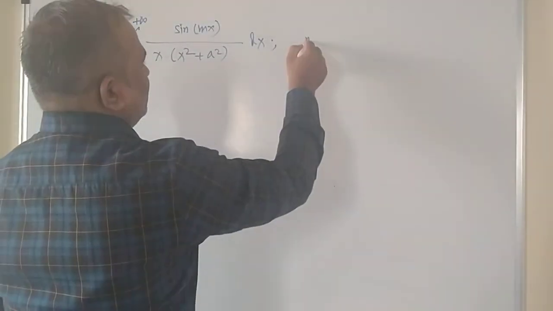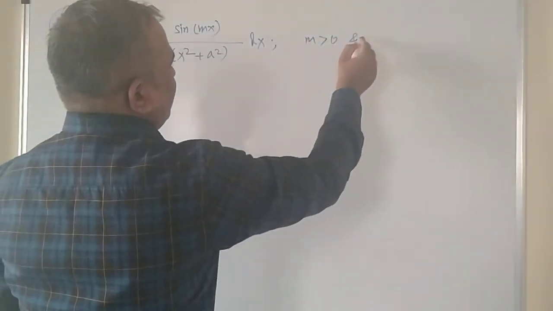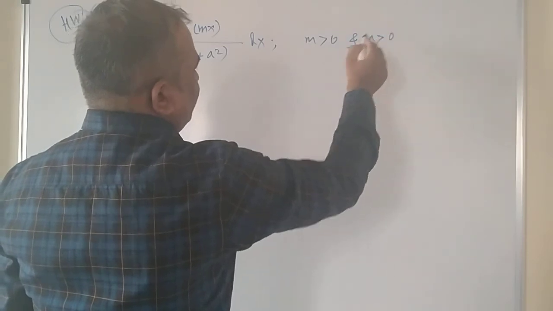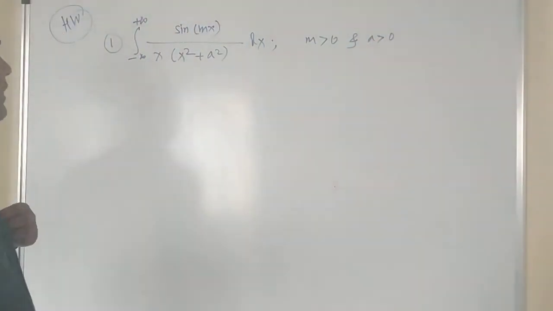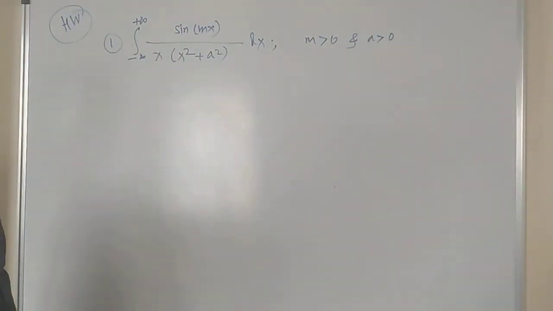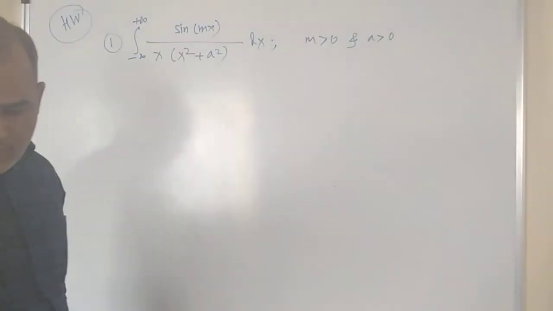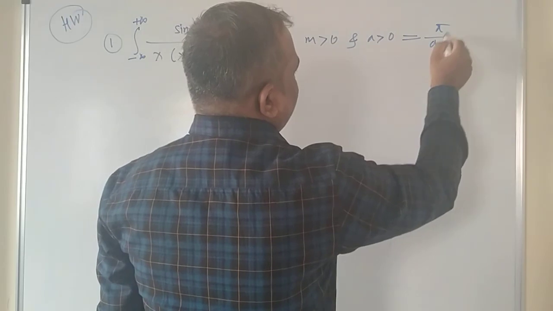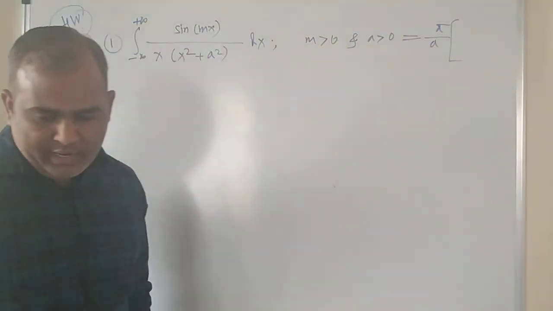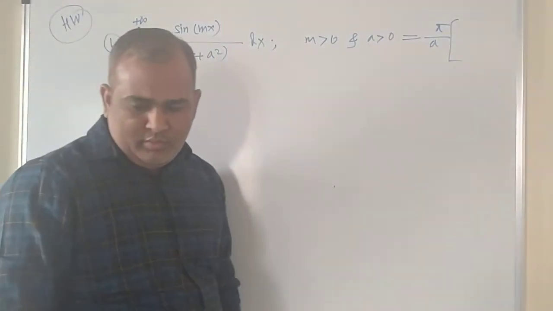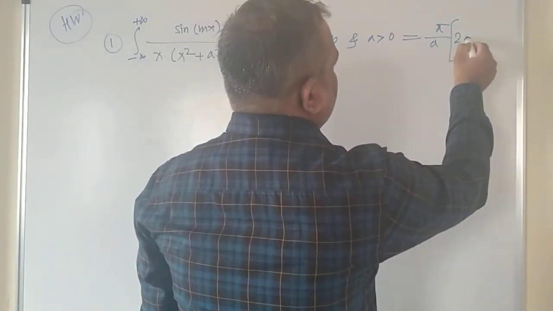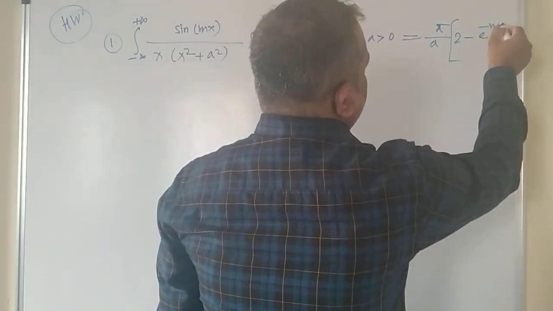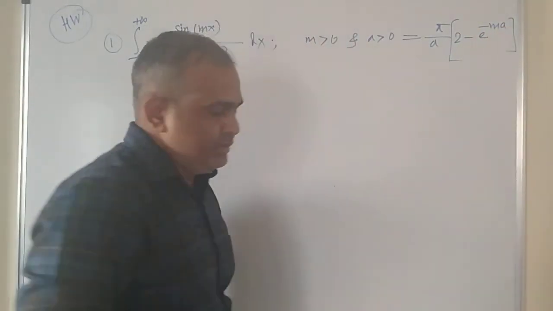It is given to you m is a positive number as well as a is also a positive number. And let me give you the answer also, and its answer is equal to pi by a into the bracket 2 minus e raised to minus ma.